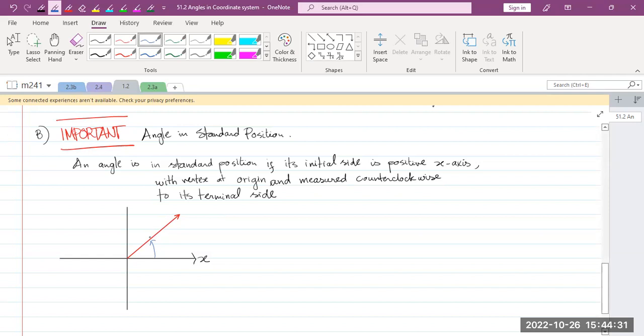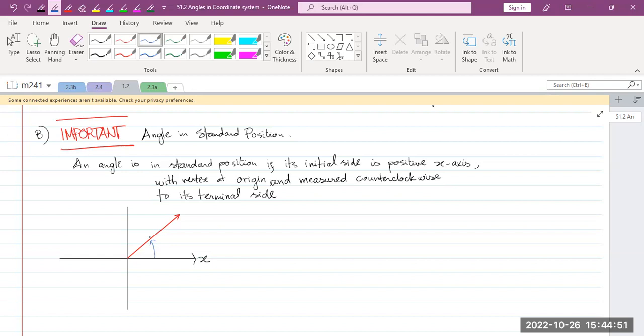Let me say it again. An angle is said to be in standard position if the initial side is the positive x-axis with vertex at origin and measured counterclockwise to its terminal side.